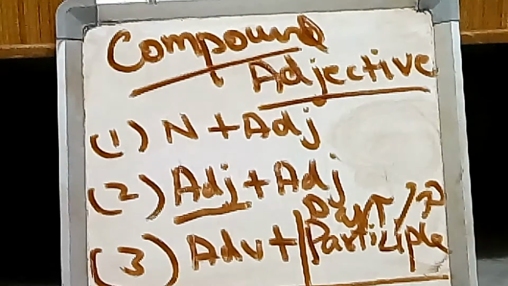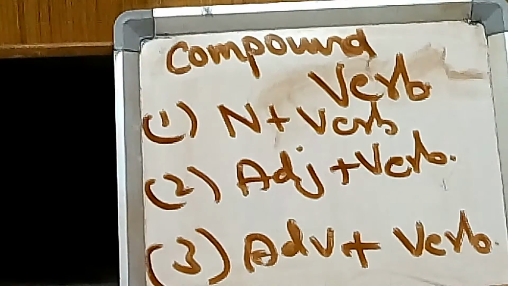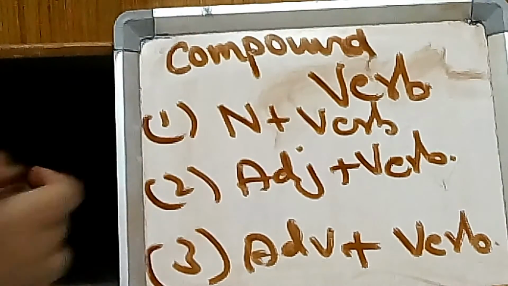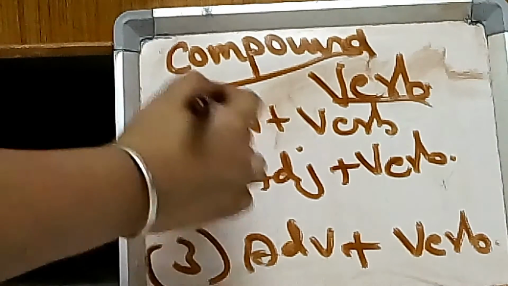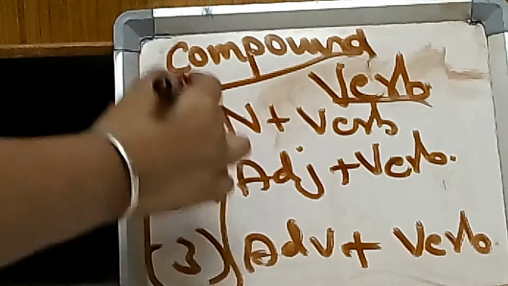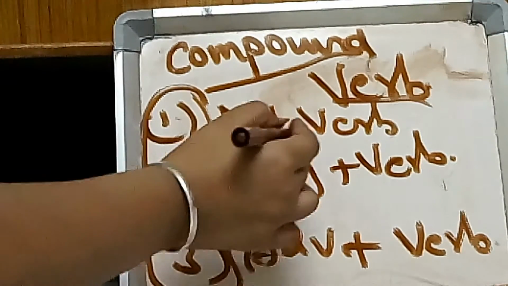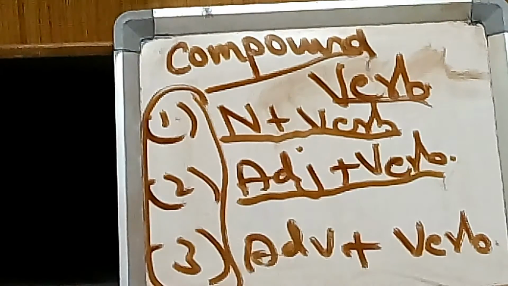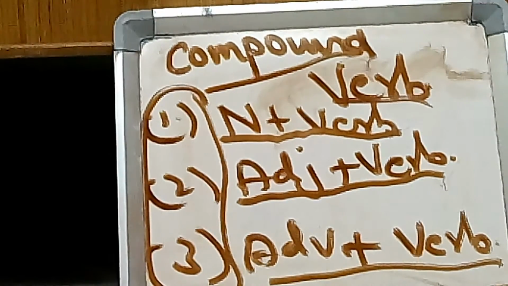Guys, I'm sorry that I told you it's adverb, but it's not, it's verb. So let's continue. Now we are going to see about compound verb. It also has three types only. The first one is noun plus verb. Then the second one is adjective plus verb, and the third one is adverb plus verb.